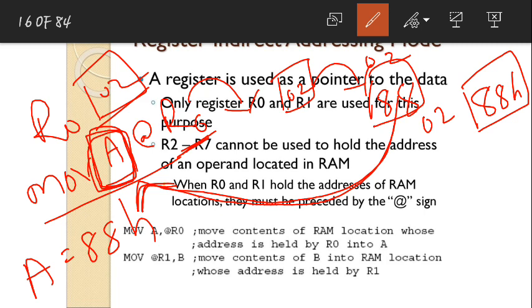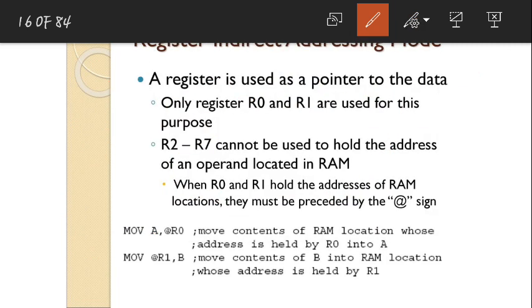This is the actual operation we are doing: move contents of RAM location whose address is held by R0 into A.